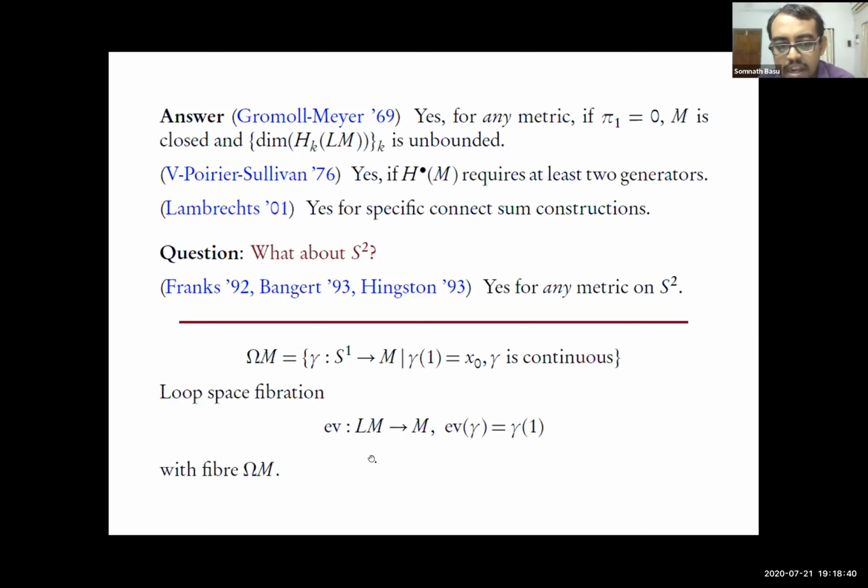Okay. And what is evaluation inverse of x0? Evaluation inverse of x0 is going to be precisely omega M, all loops which start and end at x0. Okay. So by saying it's a fibration, I mean that LM locally looks like M cross omega M. So of course, omega M is secretly x0 here, but for any x0, I get different omega M's. They're all homotopy equivalent. They're all loops based at different points, but you can go from one to another. Okay.